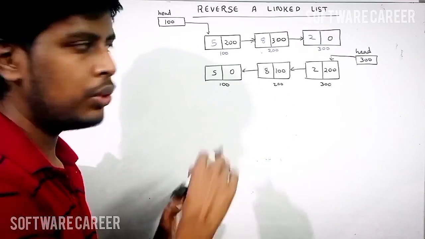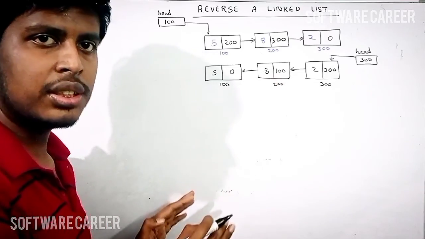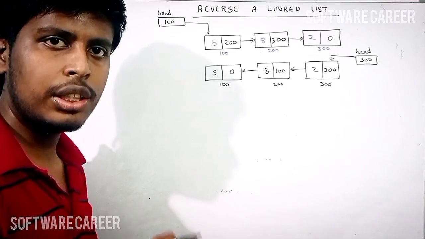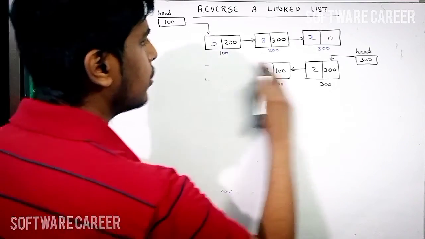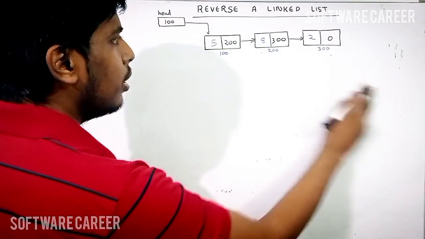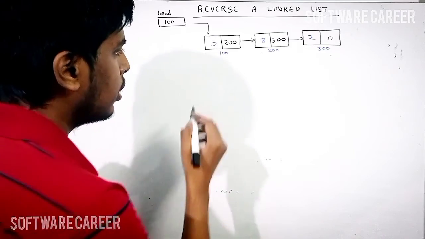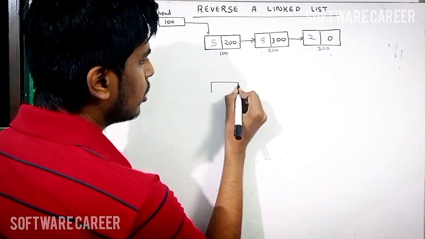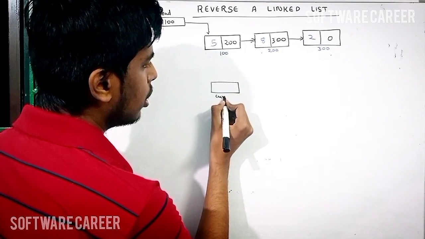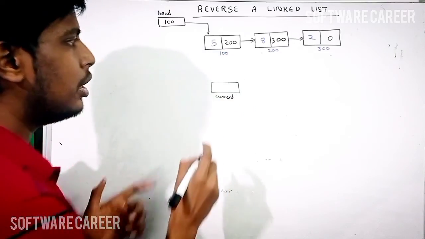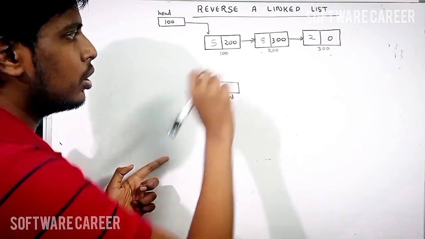Now let's see how to reverse this linked list, and I'll teach you how to write the code. The first step is to create a pointer called current. I am creating a pointer current. This current pointer should point to the first node.